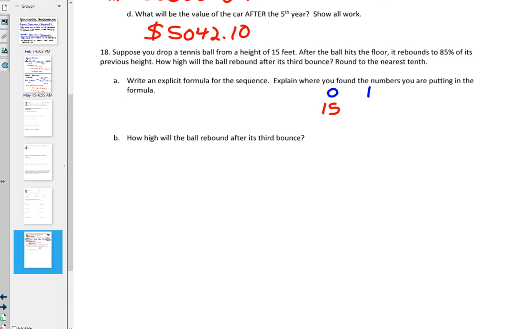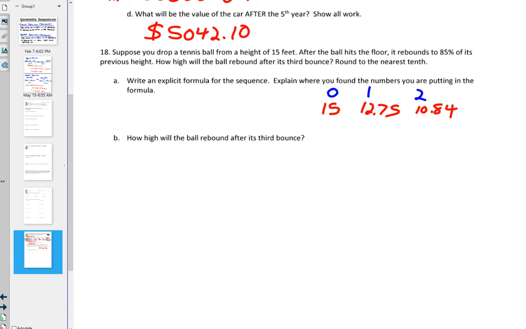It will go to 12.75 feet. And then after the second bounce, you would go that times 0.85, and you're going to have to round already. So that's like 10.84 roughly, and so on and so forth.